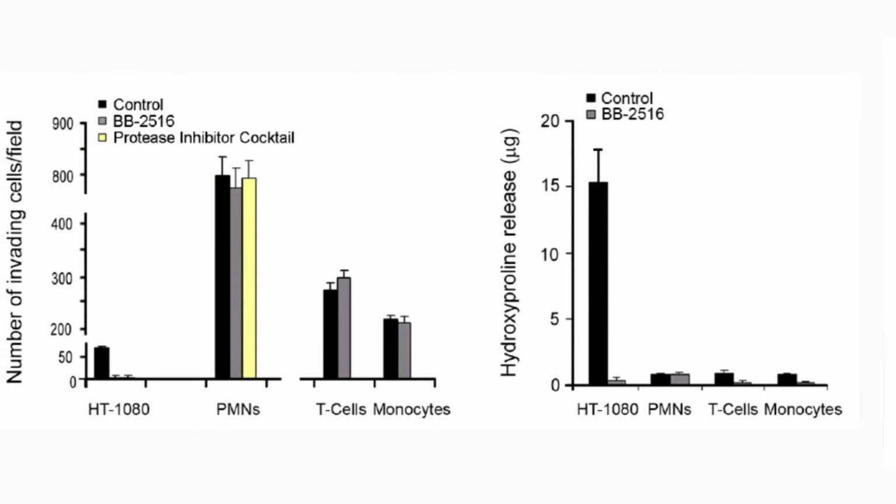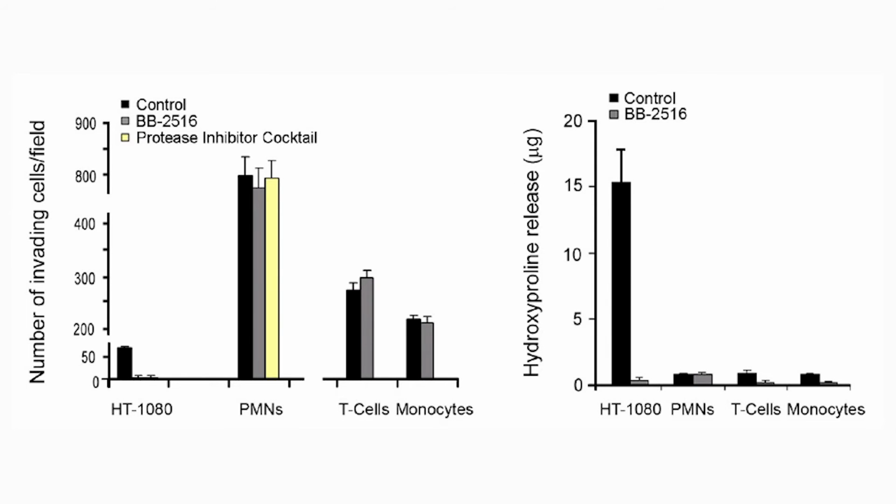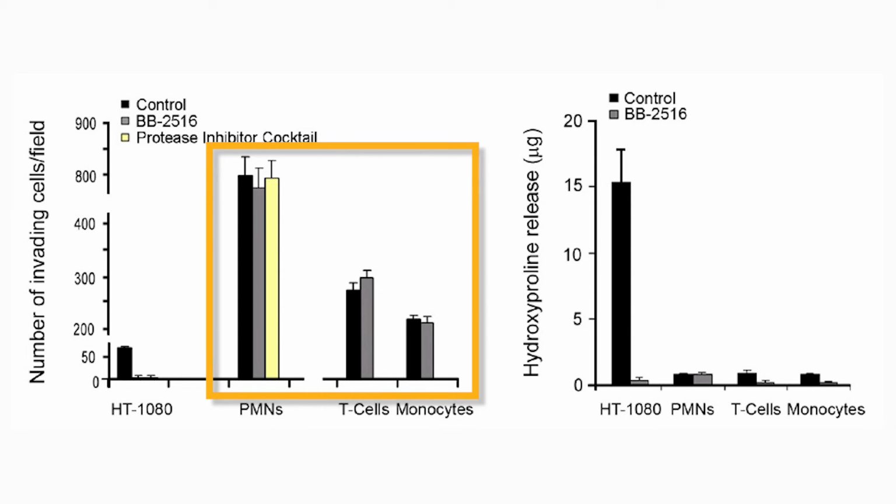And then if you look at the bar graphs, they use different protease inhibitors. And of course, if you inhibit the proteases, then you'll see no cancer cell migration, which makes sense because, again, you're inhibiting that MT1. And if you use the same system, if you use those protease inhibitors on the PMN cells, because they are not limited by the MT1s, then of course you're not going to see any impairment of the cell migration.